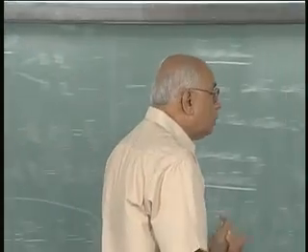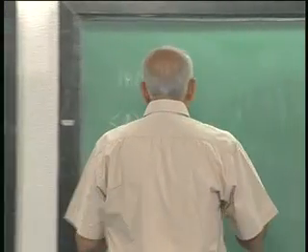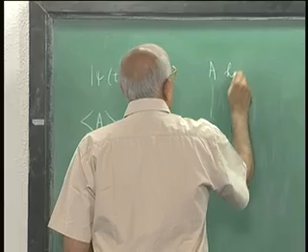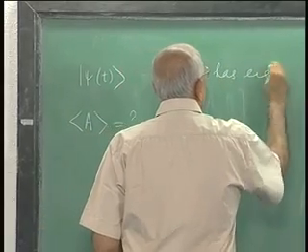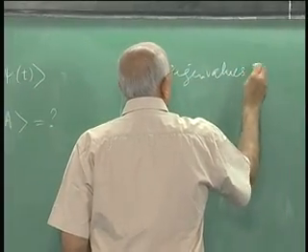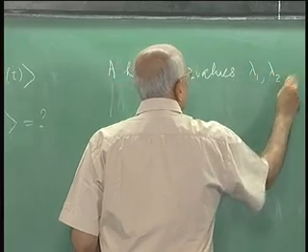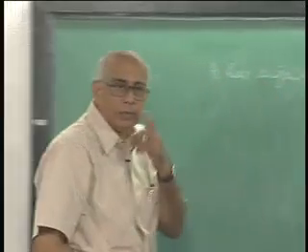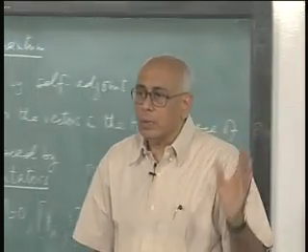At that instant of time, what is this quantity equal to? I explained yesterday that if you make a measurement on this system to measure this physical quantity A, you are guaranteed to get one of the eigenvalues of the system. Which one it is, you can't say a priori, depends on the state of the system. So now let us assume, for simplicity of notation, that A has eigenvalues lambda 1, lambda 2, etc., possibly an infinite number of them, possibly continuous, we do not care at the moment.